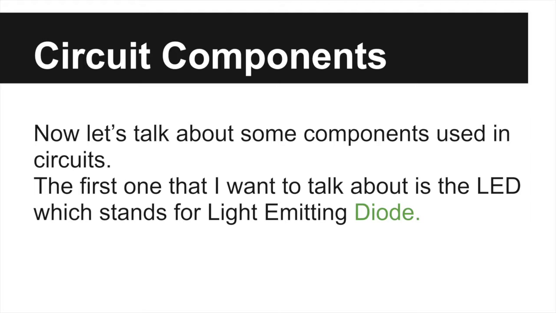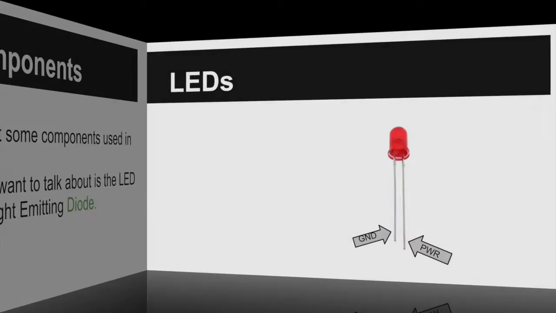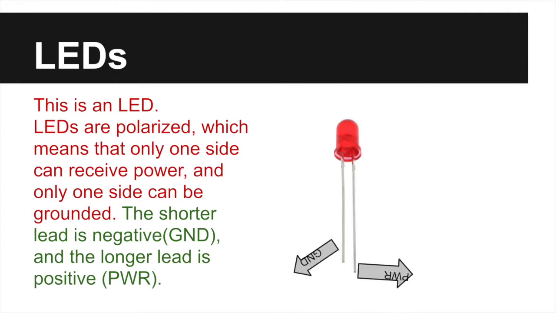It is a type of diode, and it just happens to be a light emitting diode, but it's part of the diode class. So think about a diode when you're working with your LEDs. Okay, so LEDs, like we just said, are polarized because it's a type of diode, which means that only one side can receive power and only one side can be grounded.